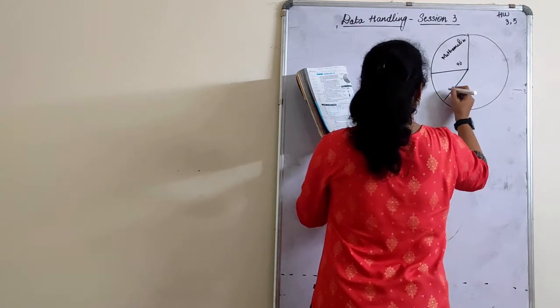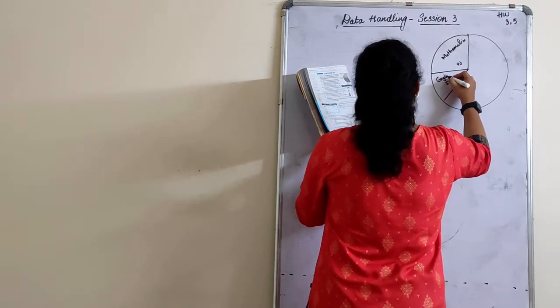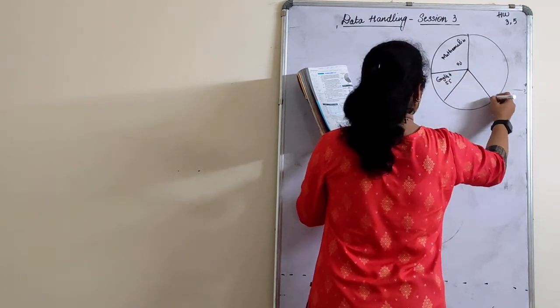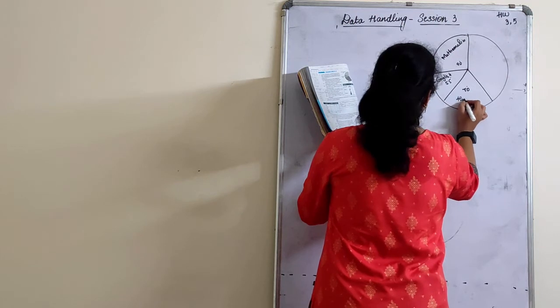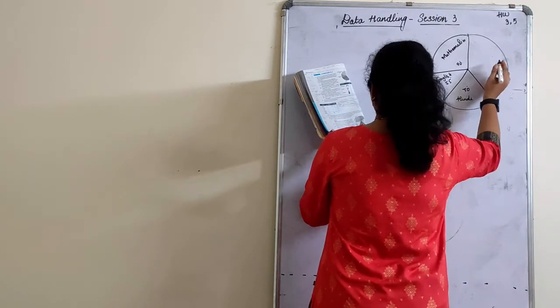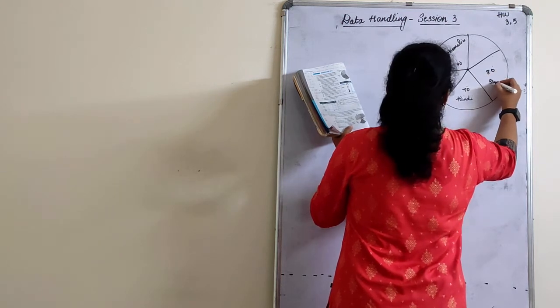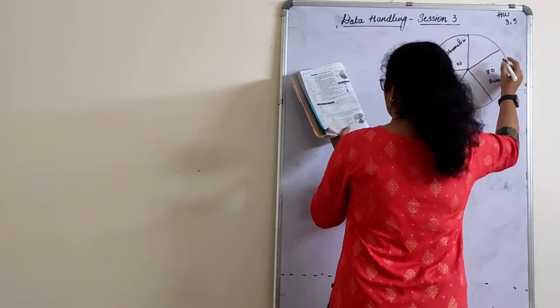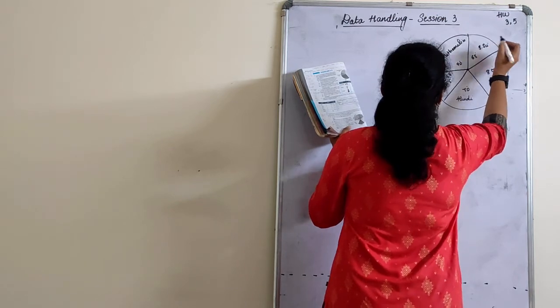Then we have 55 degree for English. Then we have 70 degree for Hindi. Then we have 80 degree for science. And we have 65 degree for social science.